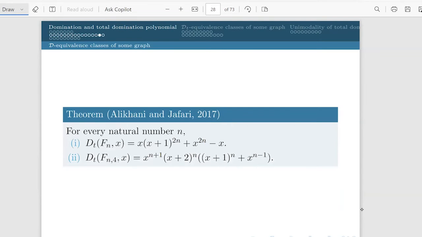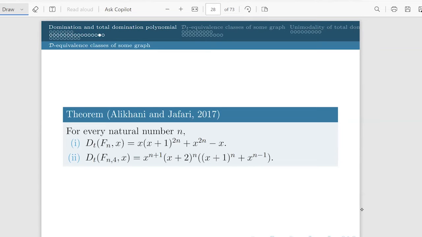As another theorem, you see here the total domination polynomial for some specific graphs as I introduced before. This is the friendship graph, and we have this polynomial for its total domination polynomial, and here this is the generalized friendship graph F_{n,k}.